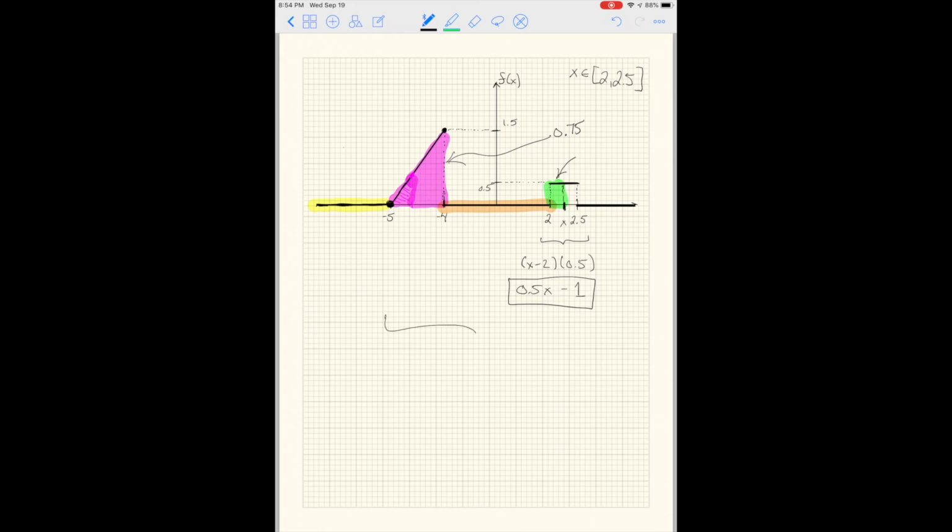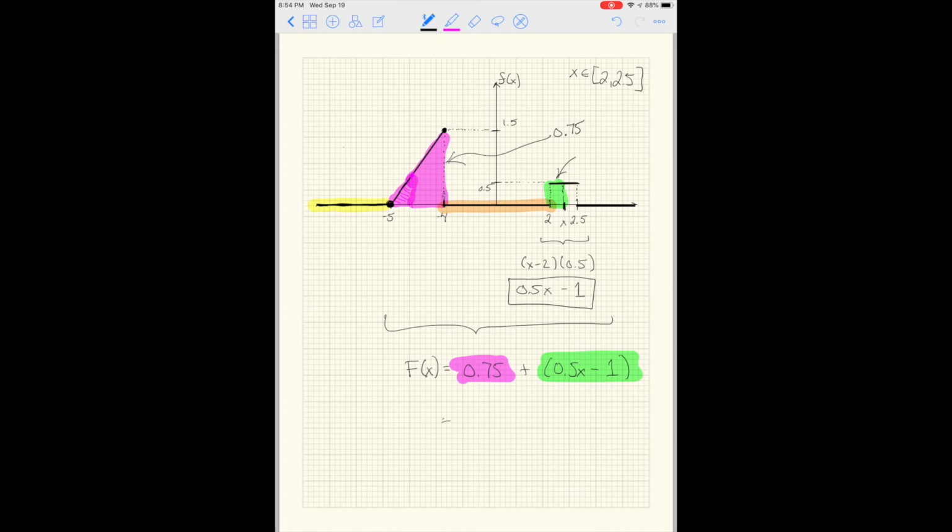And so that's how, for this region, f of x is equal to 0.75 plus 0.5x minus 1, where this section is the growing area of the tiny rectangle, and this section is the area of the full triangle.